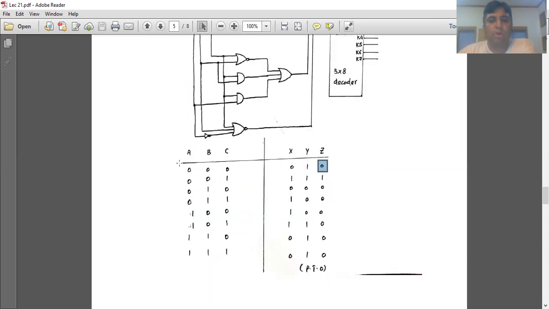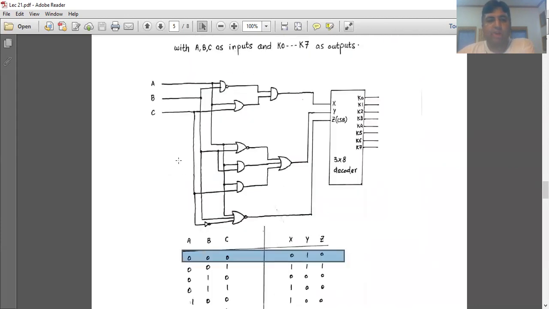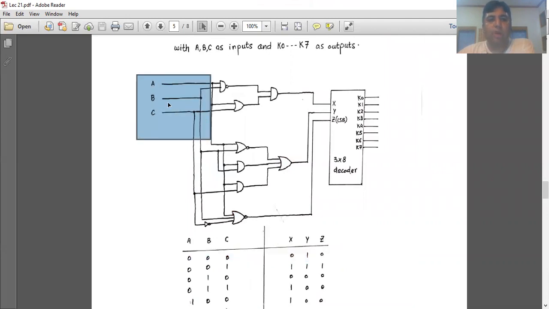So in the first case, we have determined that ABC = 000 will give XYZ = 010. This is the first case, where for A = 0, B = 0, C = 0, XYZ will be equal to 010.